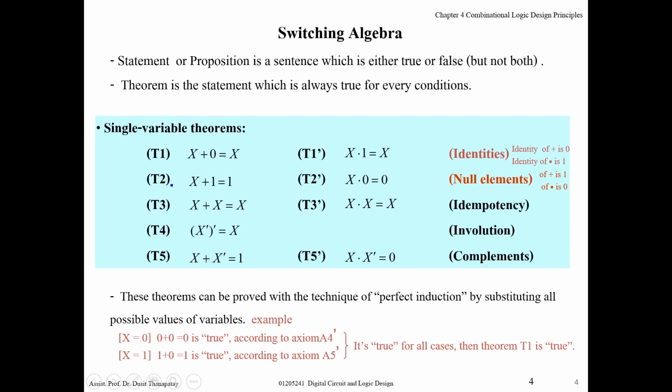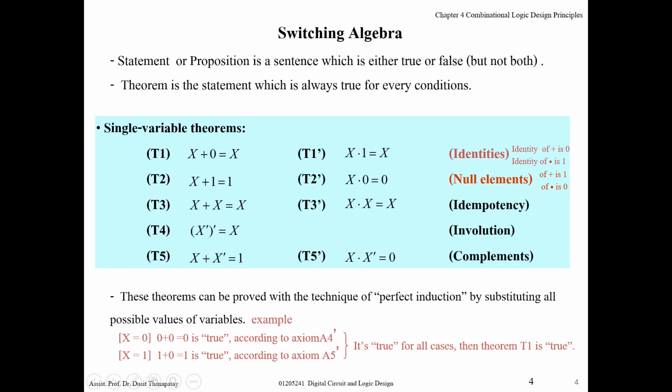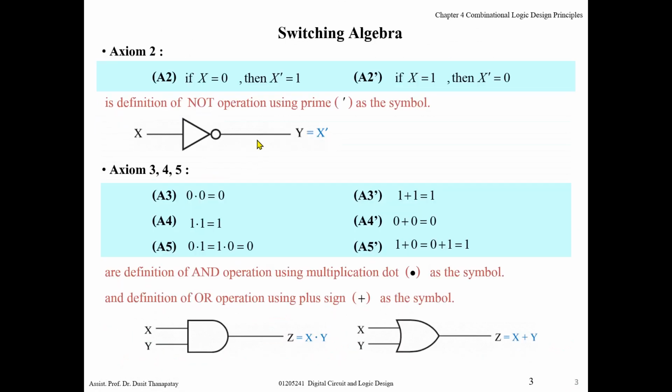For example, for theorem 1, when x is 0, the statement becomes 0 plus 0 is 0. It's true, right? Why? Because 0 plus 0 is 0 is an axiom, so it's true.